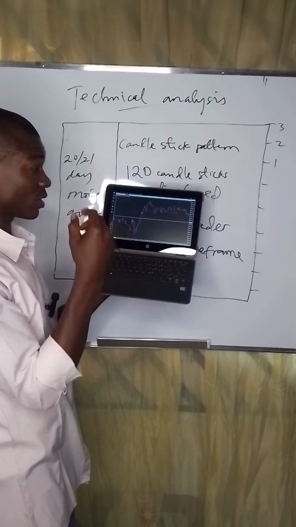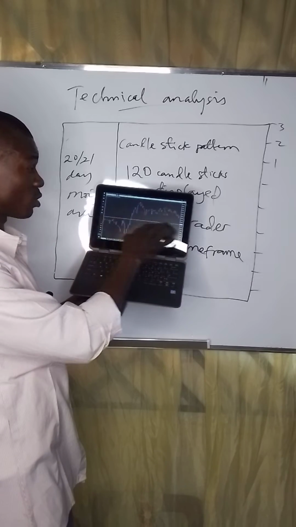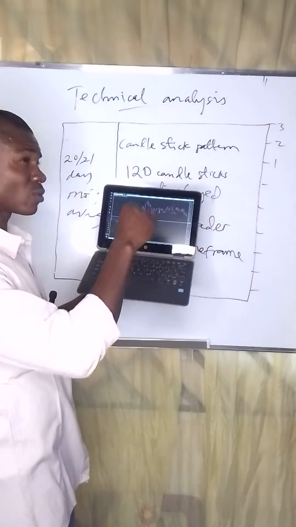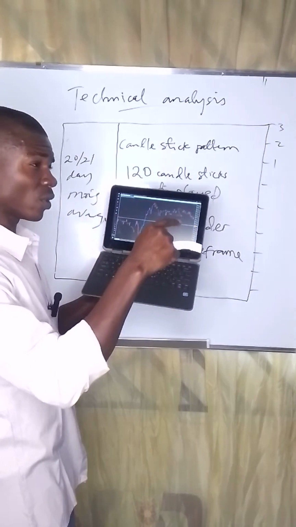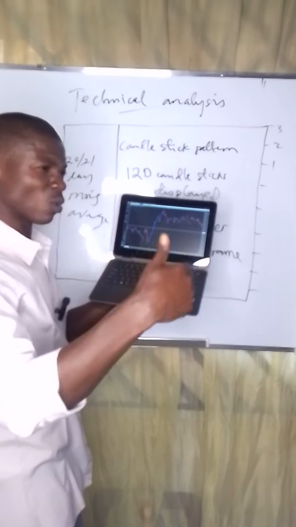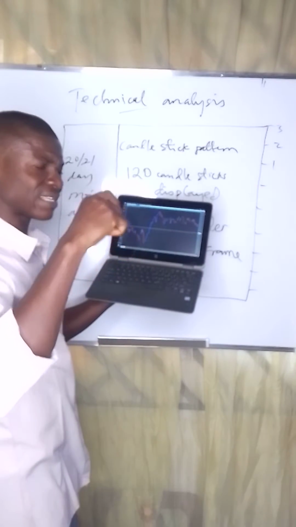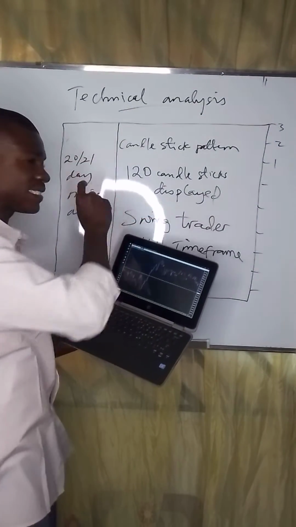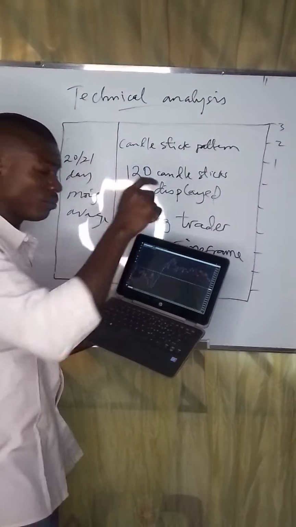Now I'm trying to get you to understand why we need to reduce this number of candlesticks, because if you count them, they are about 155, which is almost 2 days. And our target is getting a 20-day chart. That's why I'm using this 20-day moving average.